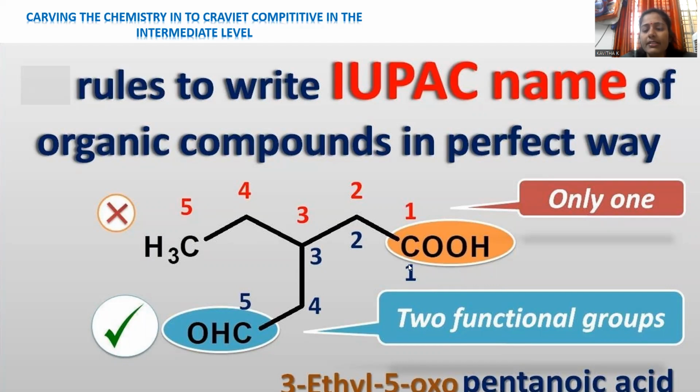And being a carboxylic acid, the general IUPAC nomenclature is alkanoic acid. Being a 5 carbon chain, we say pentanoic acid. So the entire name is: at third carbon ethyl, at fifth carbon oxo, and pentanoic acid. 3-ethyl-5-oxopentanoic acid is the IUPAC name of the given organic compound.